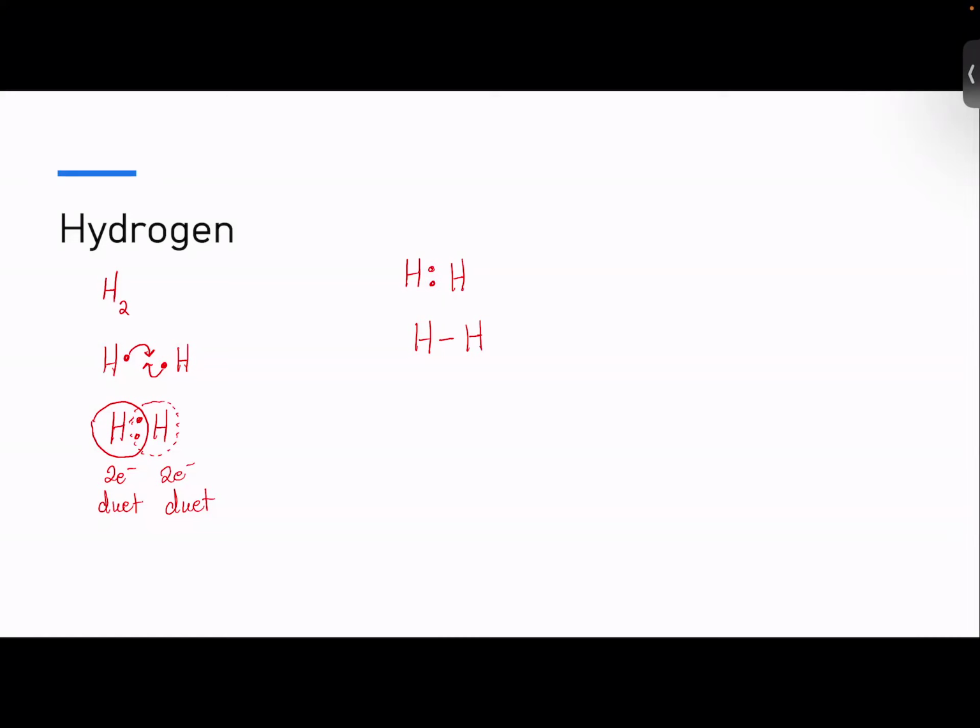Now let's look at another example. Let's look at oxygen. Oxygen also, when it is found in nature by itself, comes in pairs. The oxygen has 6 valence electrons, and that is true for both of our oxygen atoms.